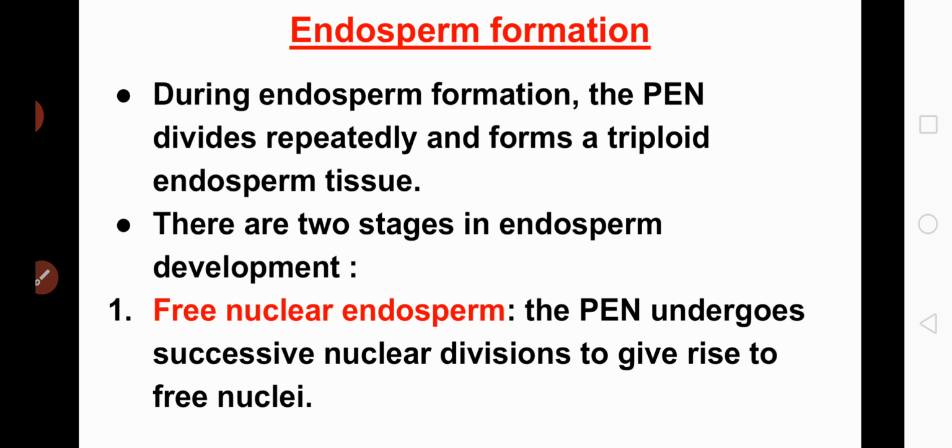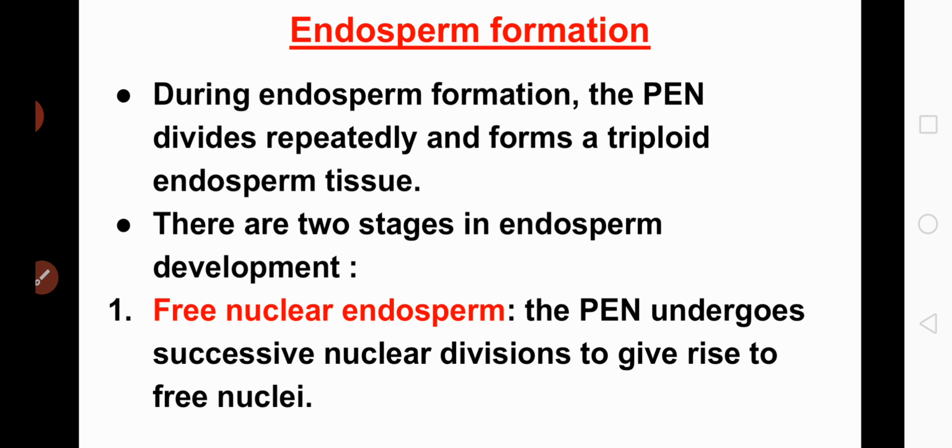Now about the free nuclear endosperm. Here the primary endosperm nucleus, that means PEN, undergoes successive nuclear divisions to give rise to free nuclei.